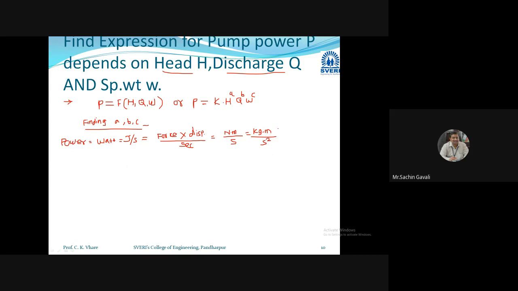And E is equal to what? Kg meter per second square into meter divided by second.